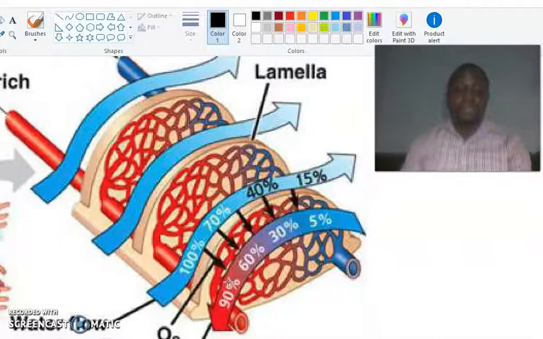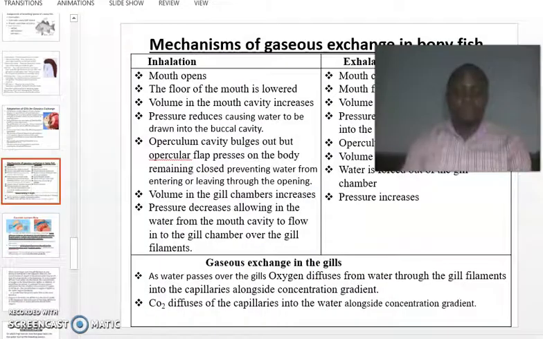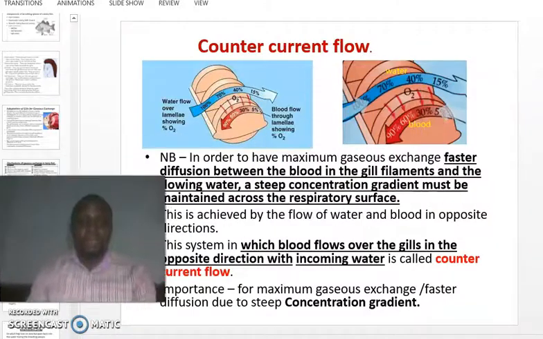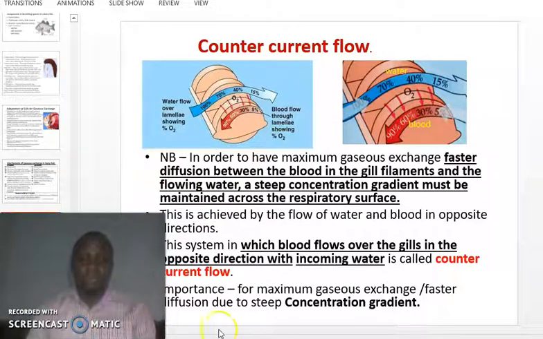So what is countercurrent flow? Probably you might have said that it refers to the flow of blood and water in opposite directions. What is the purpose of countercurrent flow? This is to maintain a concentration gradient.